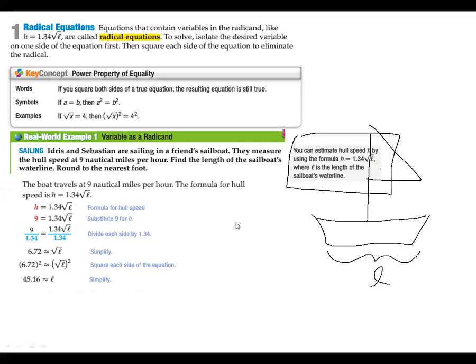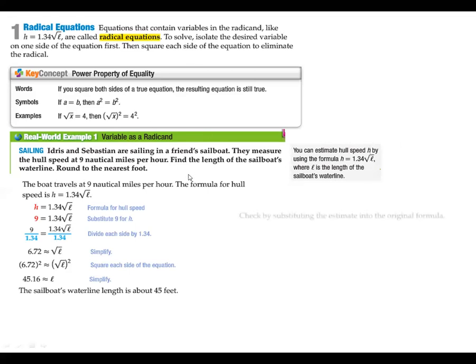In the context of the problem, this sailboat's waterline length is about 45 feet, because L represents the length of the waterline in feet. You can check by substituting the estimate into the original formula. If I substitute 45 in, 1.34 times the square root of 45 is 8.98.